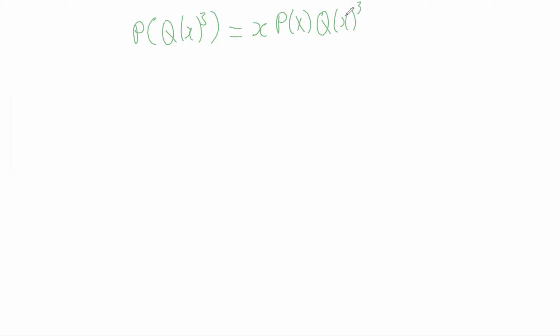The way degrees work is, if you have f of x equals a_n x to the n plus so on, and this a_n is not 0, then the degree of f is equal to n.